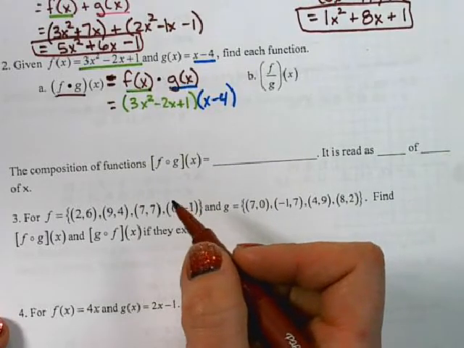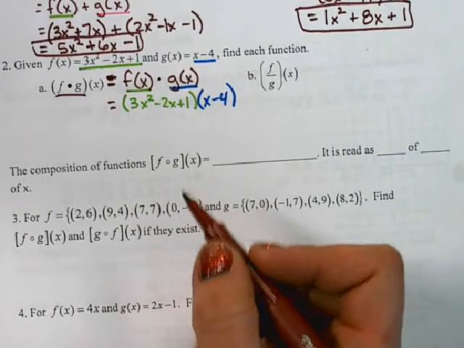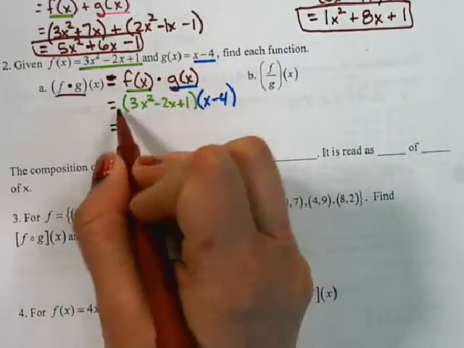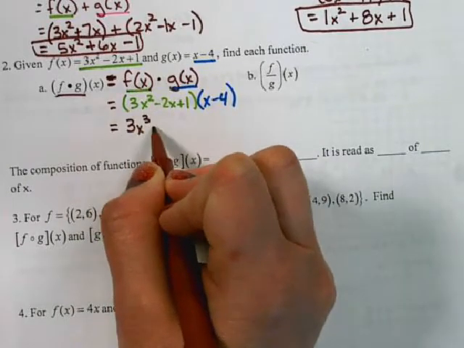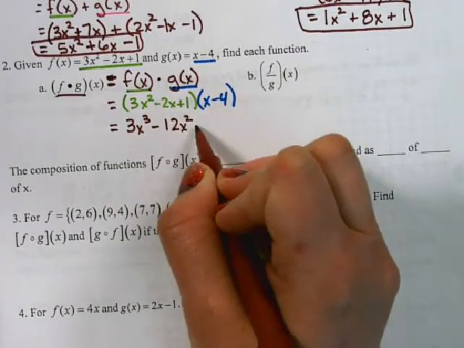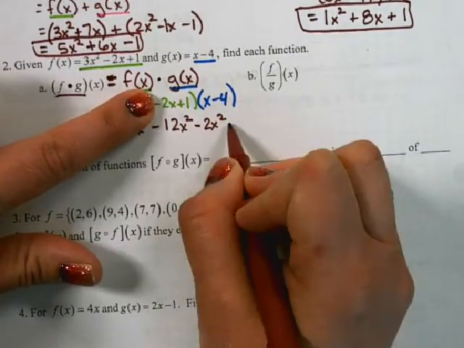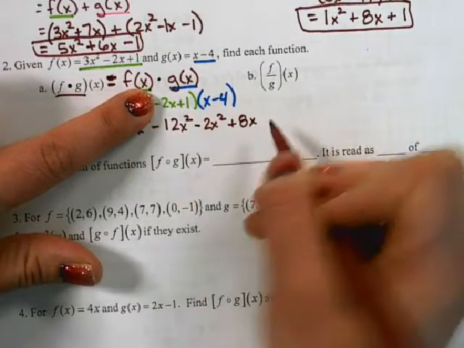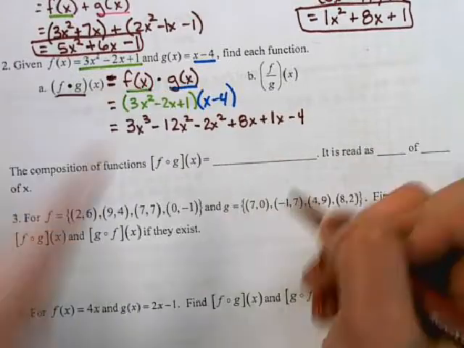For lack of space, would it be okay if I just distributed? Okay, here we go. If you want to use a lattice, you certainly may. 3x to the third minus 12x squared, minus 2x squared plus 8x, plus 1x minus 4.